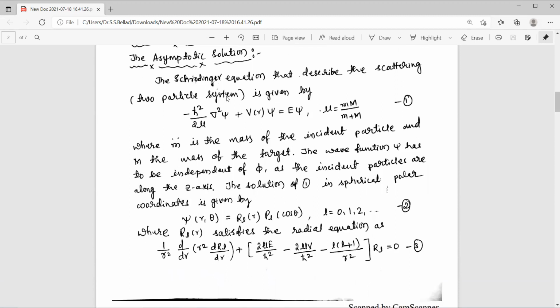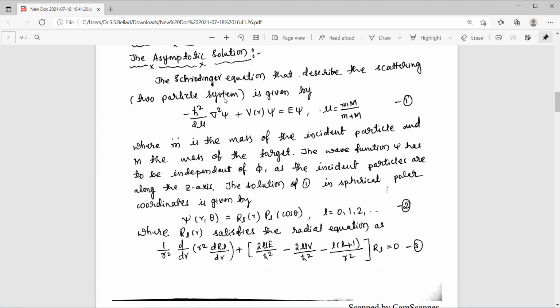The scattering equation that describes the scattering phenomenon is given by this equation. This scattering phenomenon is one where two particles are interacting with each other. So this is a two particle system.